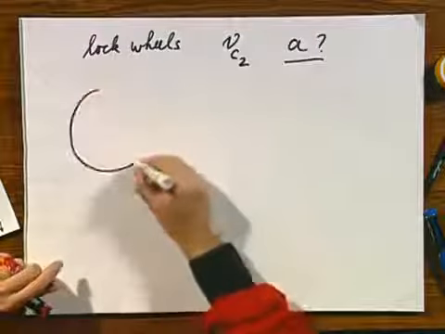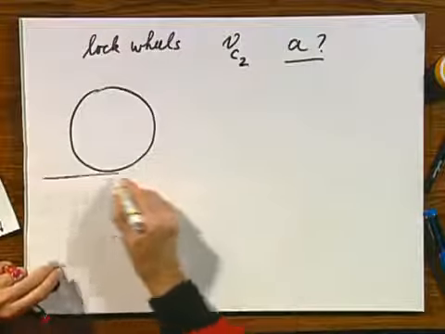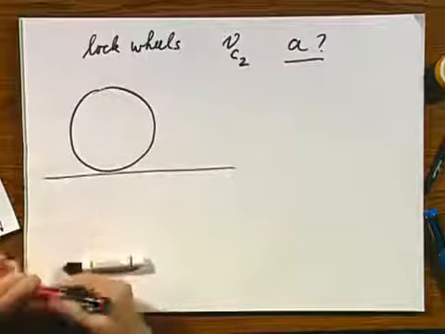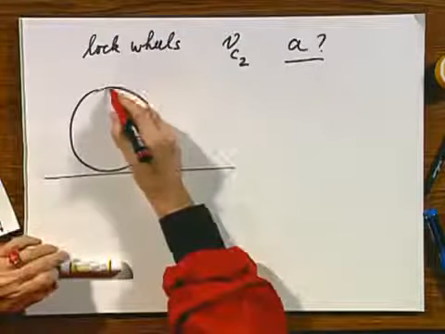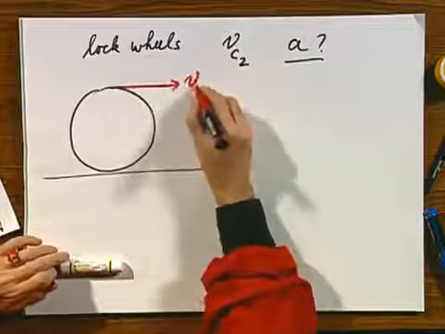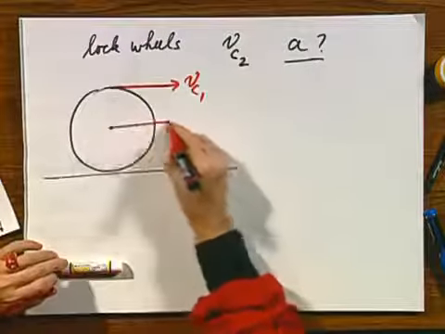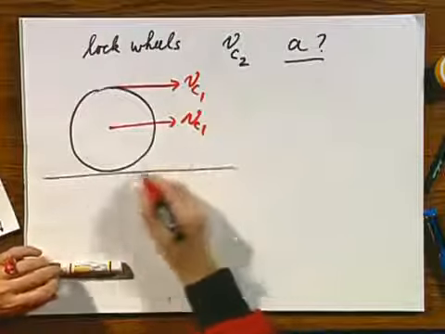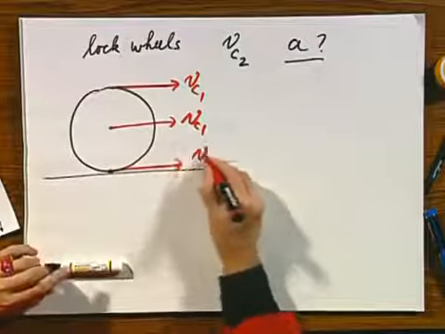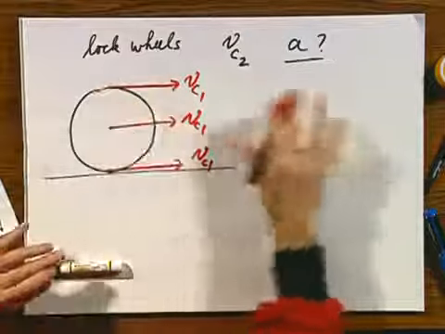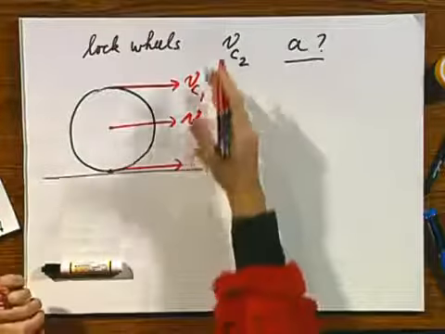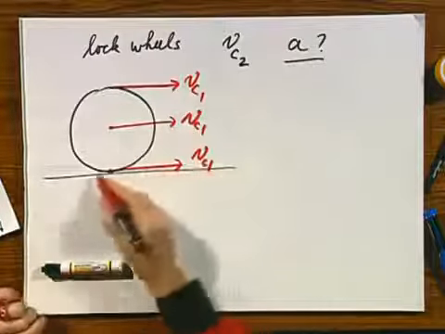So here is now this wheel screeching on the road because the wheels have been locked. So this still has velocity Vc1. The center of mass has Vc1, and the bottom has Vc1 because I've blocked it and everything is going with Vc1. At least we will assume, to good approximation, that it's true.